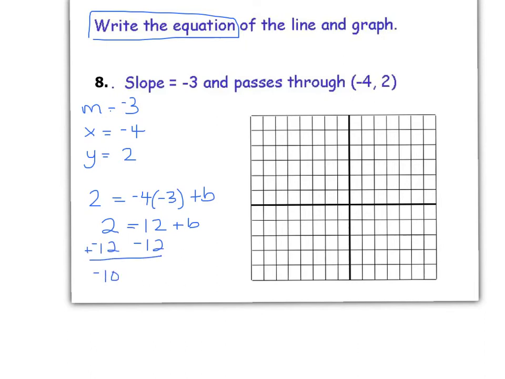Gives me a negative 10 is equal to b. So my new equation, and you can write it down underneath, would be y is equal to negative 3x minus 10.